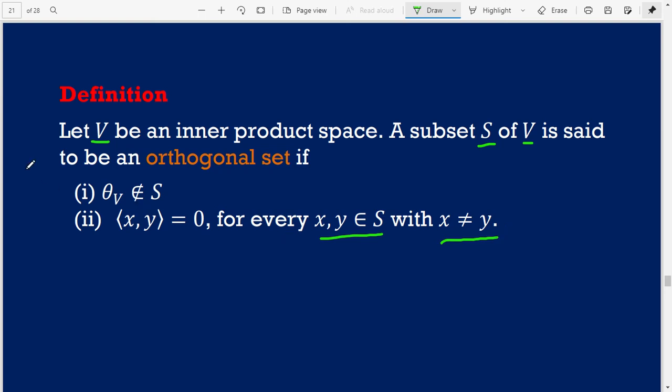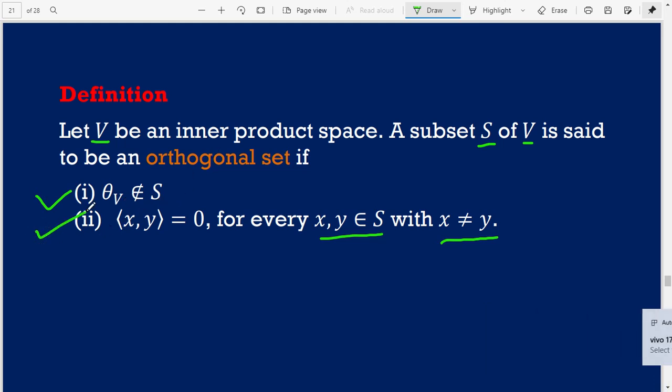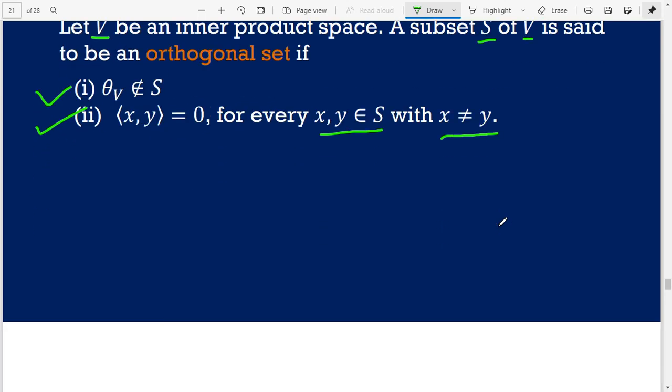In this definition, the first condition is that the 0 vector does not belong to S, and the second condition is inner product x with y is equal to 0 for every x, y belonging to S with x not equal to y.